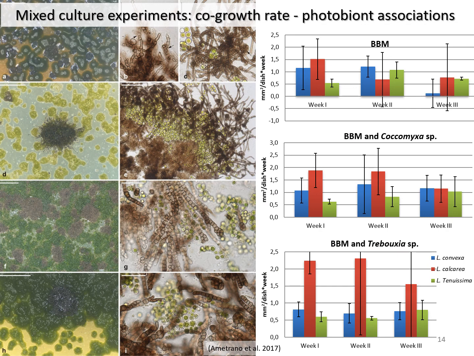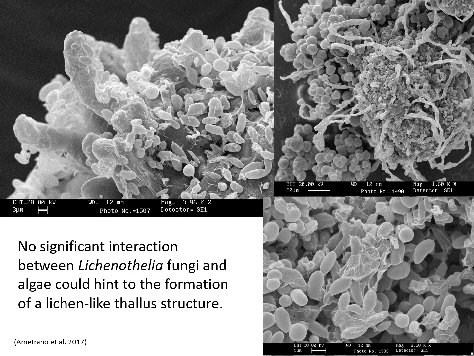We saw that actually there is not a substantial variation in the growth rate of the fungus in the presence of the algae, and we observed that when the two grow together, they do not develop lichen-like structures. Instead, the algae grow intermixed between the hyphae, and the hyphae just grow. So it seems that there is no significant interaction between the fungus Lichenothelia, in this case, and the algae, and we had no hints of the formation of a lichen-like thallus structure.